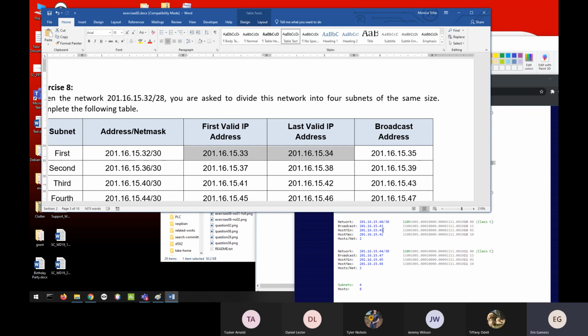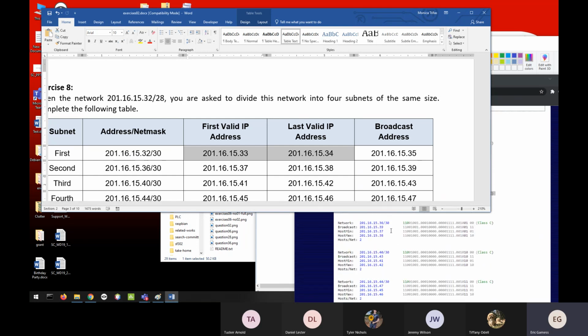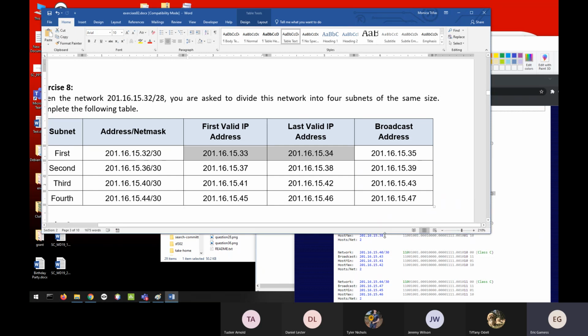Now, the third network is 40/30. The valid IP addresses go from 41 to 42. The broadcast address is 43, as you can see now. So I like this calculator. We can keep this calculator to do our verification.